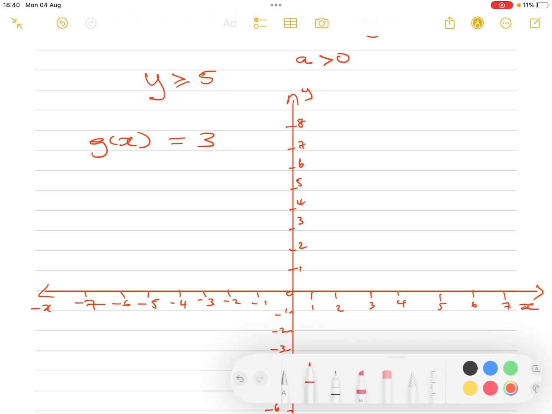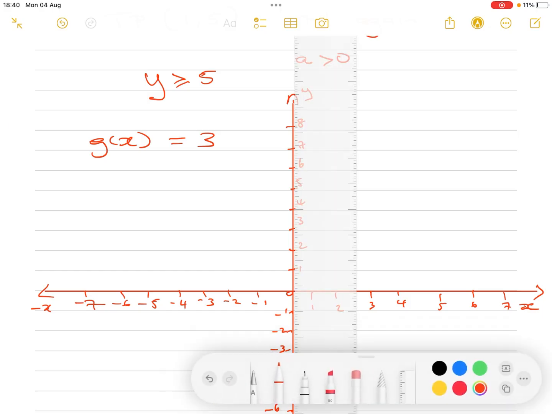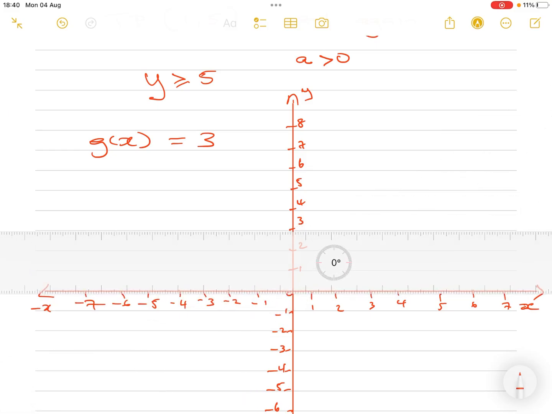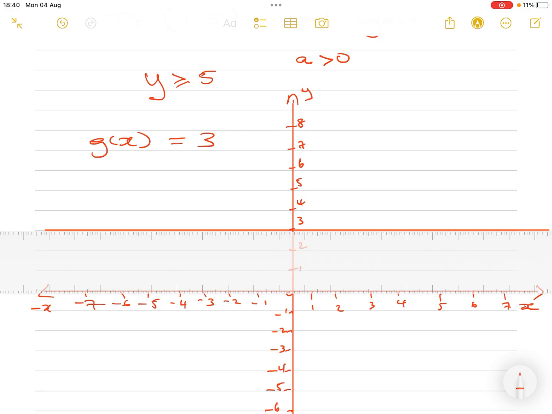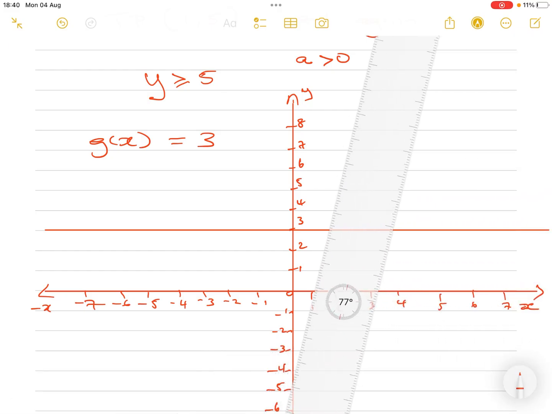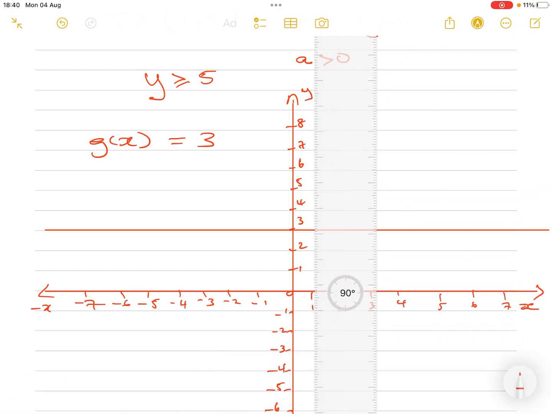Okay, so now look at what I'm referring to. Look carefully. This is the line g of x. Now, take a closer look here.